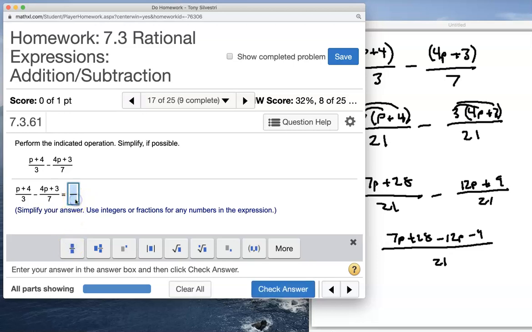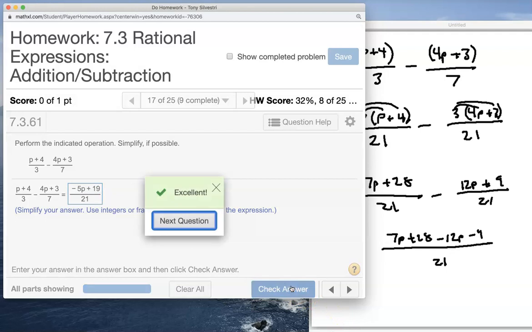And I might as well put the 21, the easy thing, on the bottom. 7p minus 12p is minus 5p. 28 minus 9 is plus 19. Okay, 19, and I'm going to check my answer and see a green box right there.